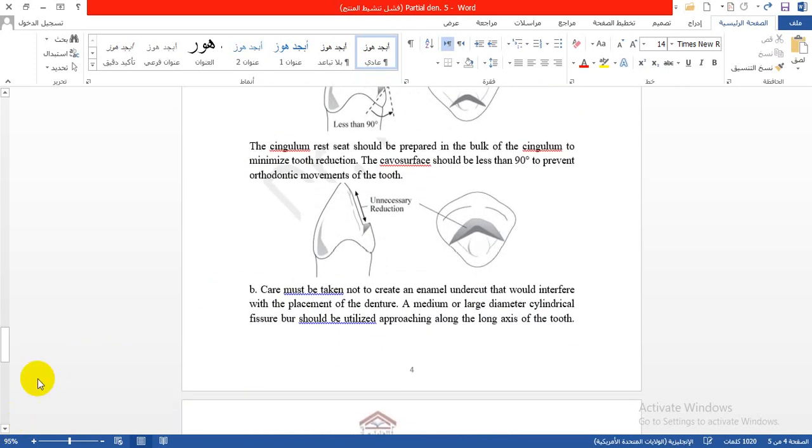The cingulum rest set should be prepared in the bulk of cingulum or minimized tooth reduction. The cavo surface should be less than 90 degrees to prevent orthodontic movement of the tooth. حكيناها قبل شوية.